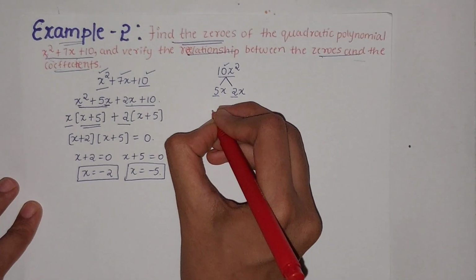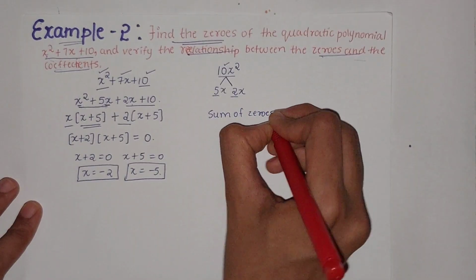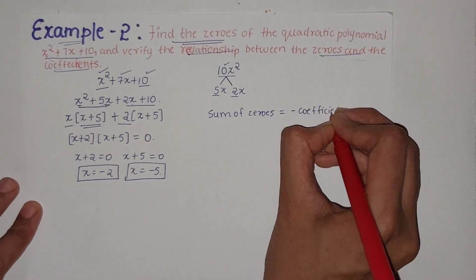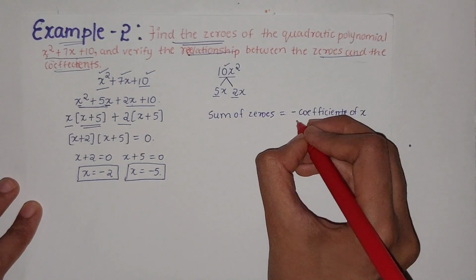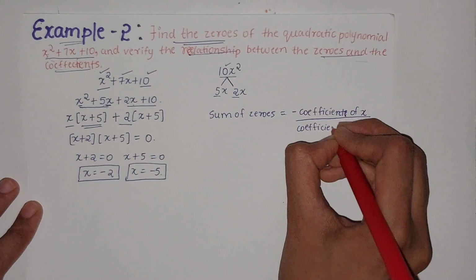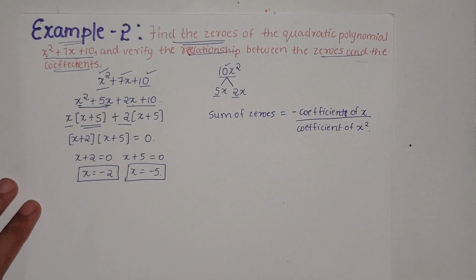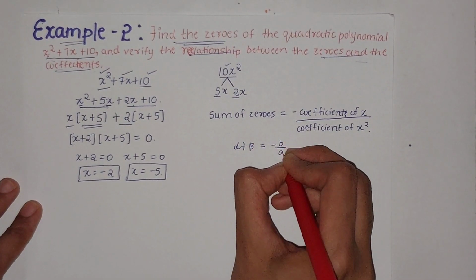First, sum of zeros is equal to the negative of the coefficient of x divided by the coefficient of x square, or else alpha plus beta is equal to minus b by a.